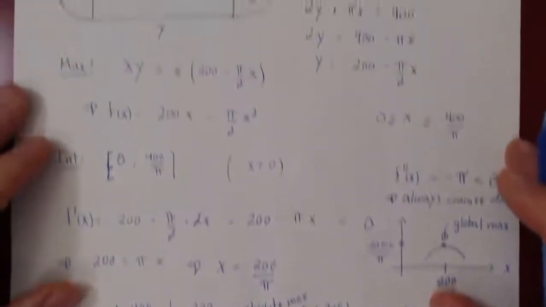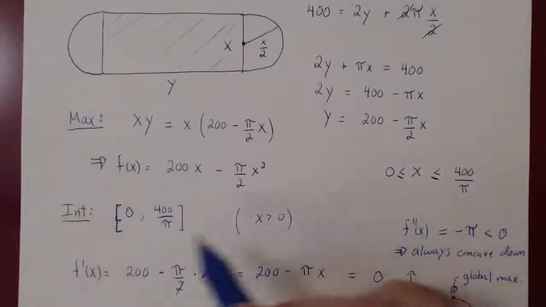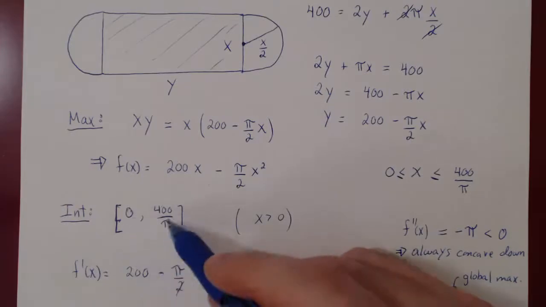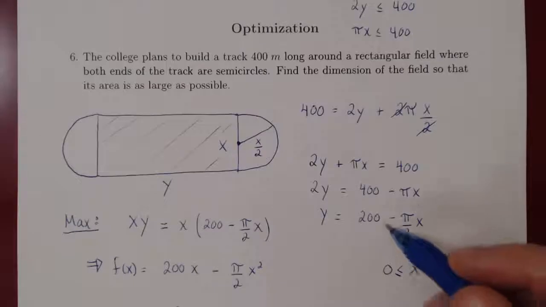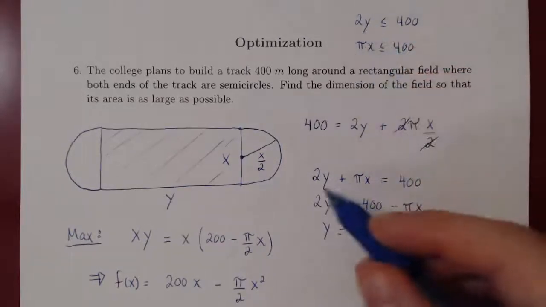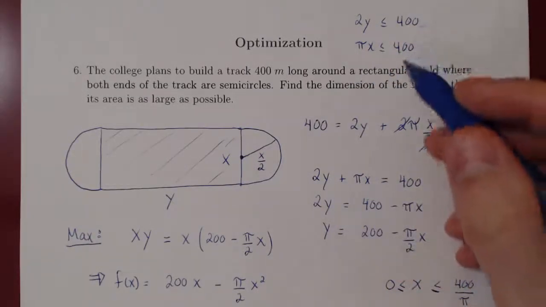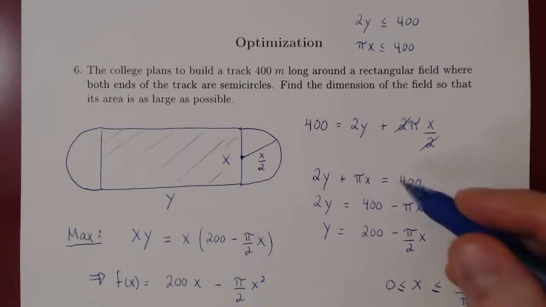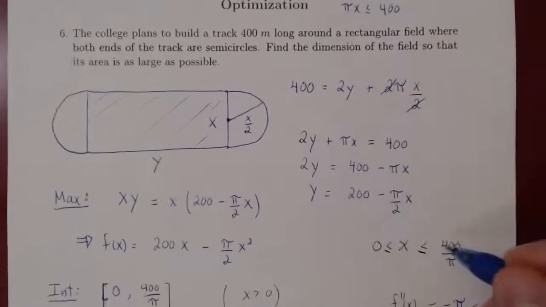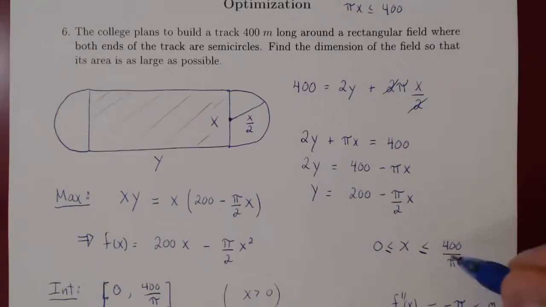So personally, I prefer to have a closed and bounded interval, but the observation that both 2y and pi x had to be less than 400 because they were both adding up to 400 and non-negative, giving you that x was at most 400 over pi, was not entirely obvious.